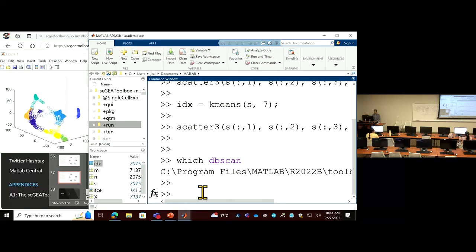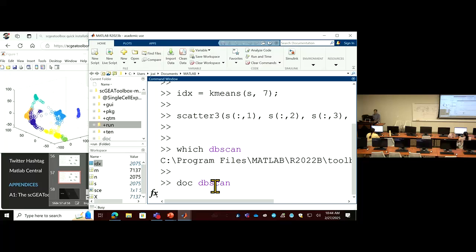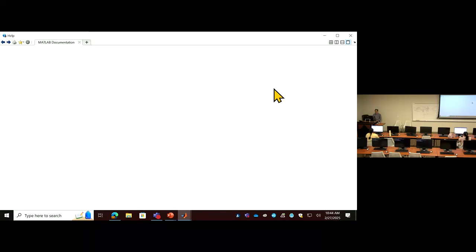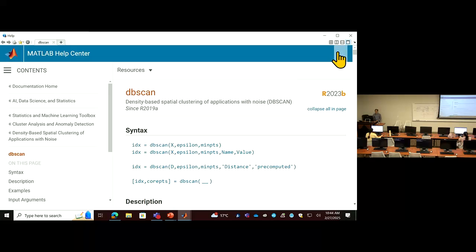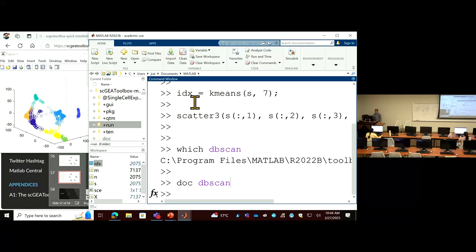So I gave you a job to use this function to do the clustering, to replace k-means. What you can do is look at the documentation of this function and get yourself familiar with it, and see whether you can work out a solution for using this function on the embedding.